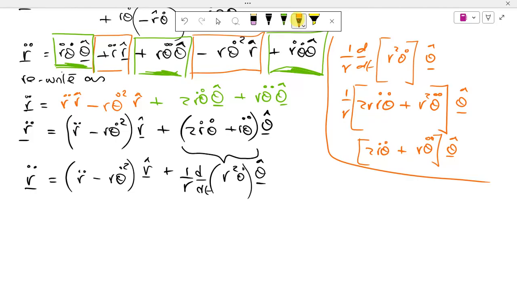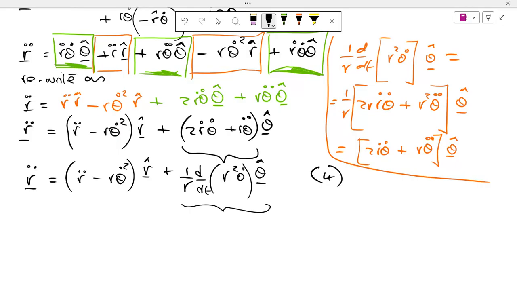So you can therefore verify that this equals this equals this, right? So therefore we can write this as this. Now this equation, which I'm going to call equation 4, has actually got two components. One of them is 0. The reason is this. This is the radial acceleration, but this is the transverse component.